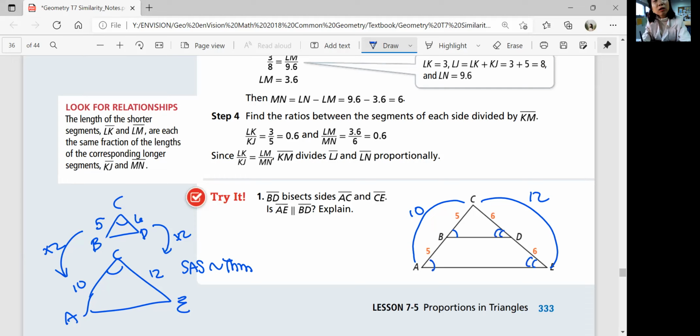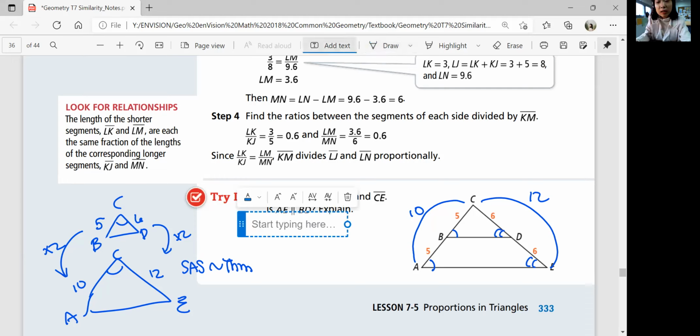And since corresponding angles are congruent on the parallel lines, we can see that these are parallel lines. Okay, so let's summarize what we just talked about and write it down. So yes, triangle CAE is similar to triangle CBD because of SAS similarity theorem.